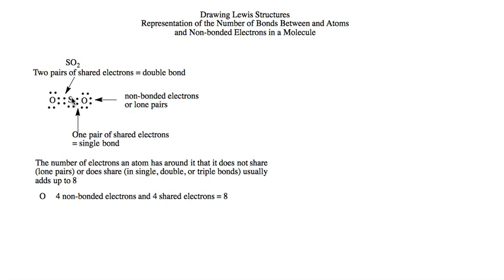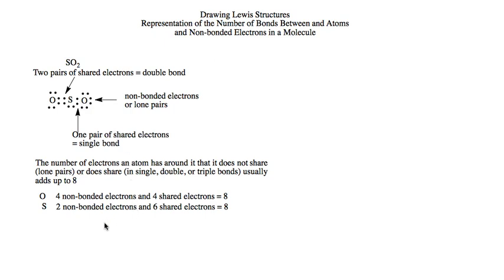If we look at the sulfur, it has 2 non-bonded electrons, 1, 2, and then a total of 3 bonds, 2 bonds on the left, 1 bond on the right. Each bond contains 2 electrons, that's 6 shared electrons for a total of 8. And I could do the same thing for the oxygen on the right. It would have 2 shared electrons and 6 unshared electrons, again, for a total of 8.